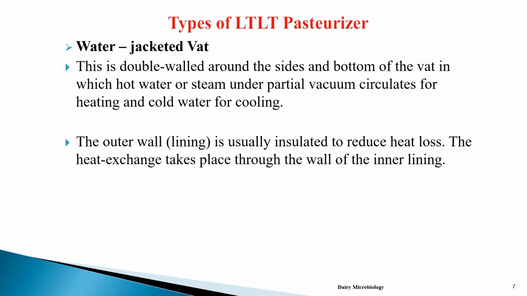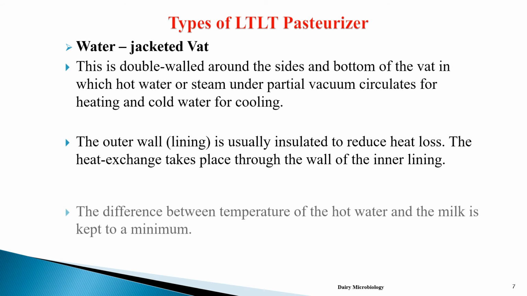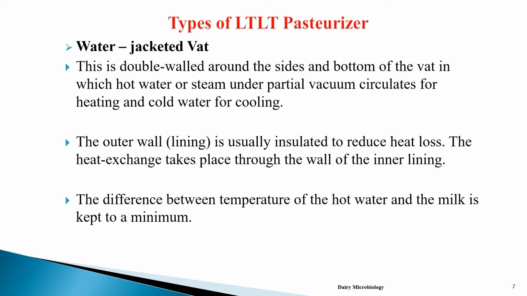The outer wall of the vat is usually insulated to reduce the loss of heat. The heat exchange takes place through the wall of the inner lining. The difference between the temperature of the hot water and the milk is kept to a minimum.